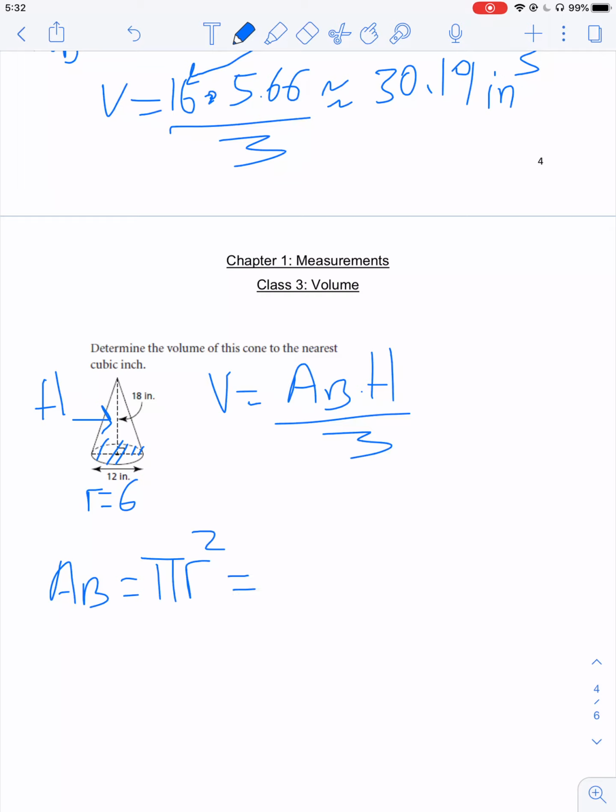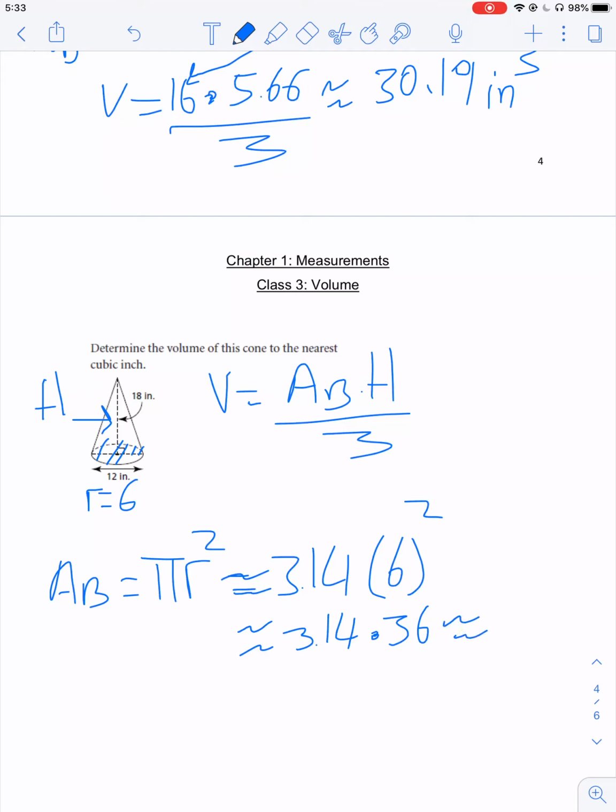I know that pi has an approximate value of 3.14, and I'm going to multiply this by 6 squared. So this just becomes approximately 3.14 times 36, which will approximately give me, what is it? 3.14 times 36.